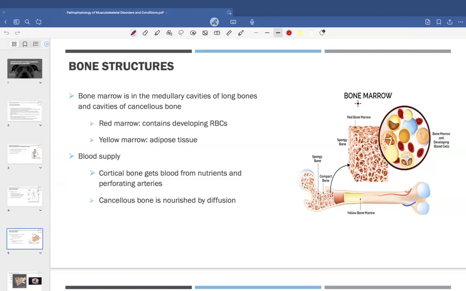Bone is living tissue. Right? Bone is living tissue, so it needs nutrients. And when there's damage to it via a fracture or a contusion, okay, it's going to bleed and it's going to have the same inflammatory response as other tissues.